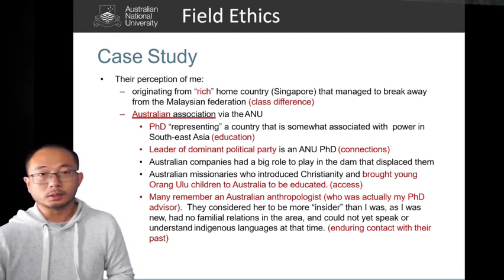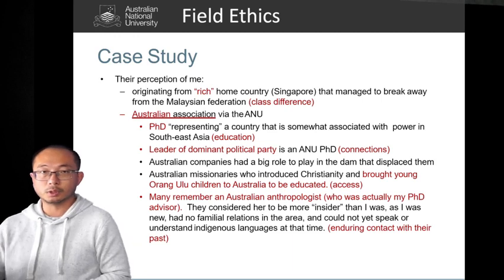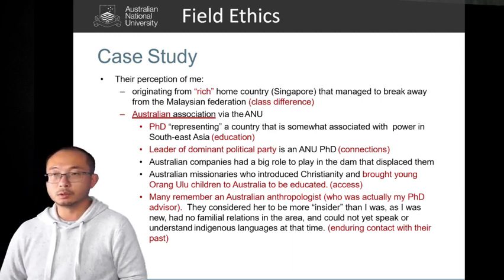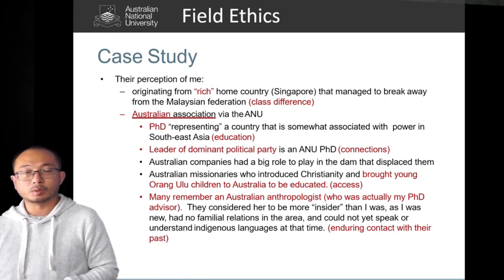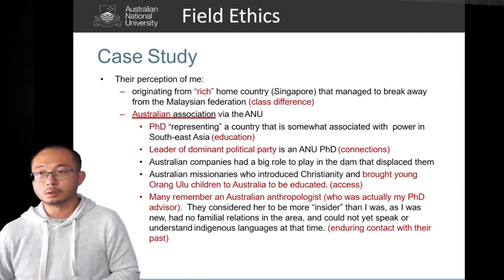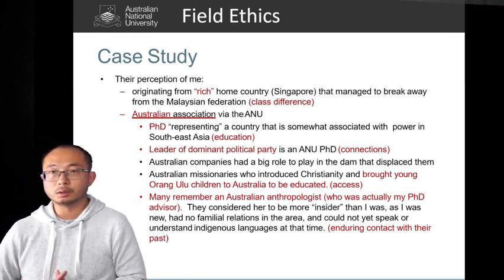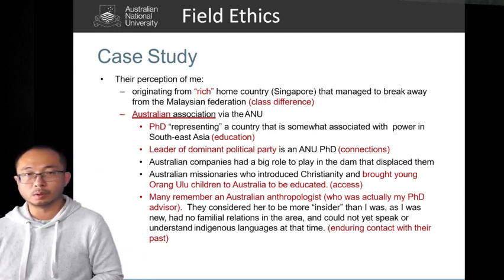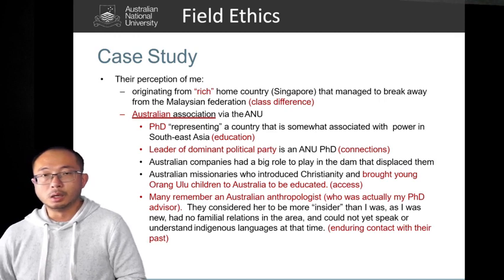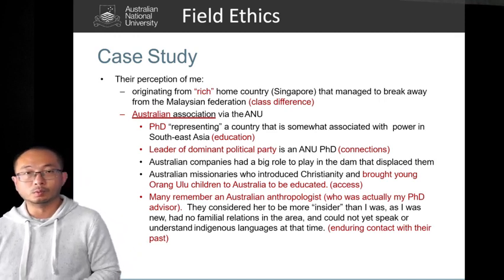The second identity marker that they really cotton on to is my Australian association via the ANU. They are familiar with Australia. In fact, a lot of political leaders were educated in Australia.